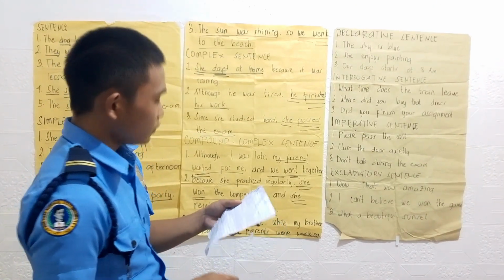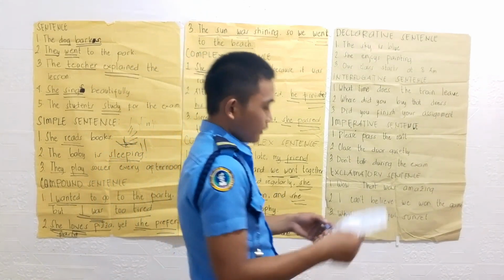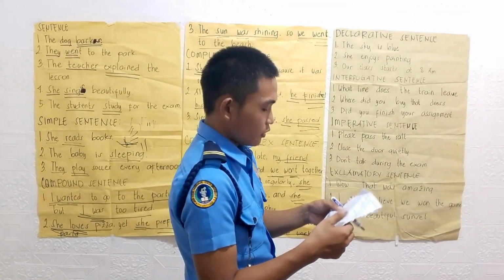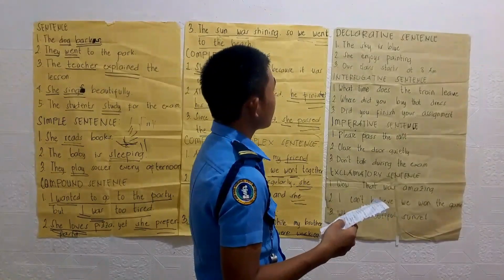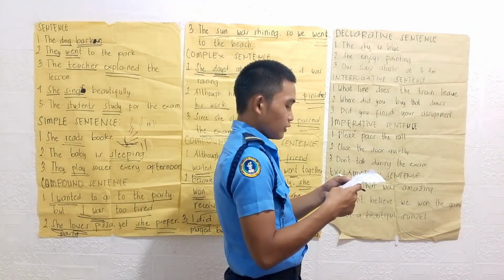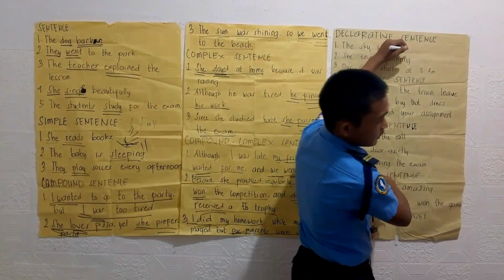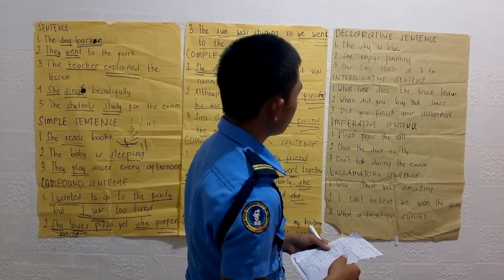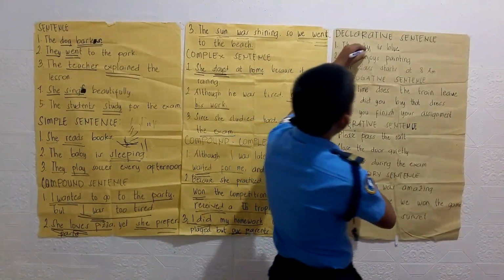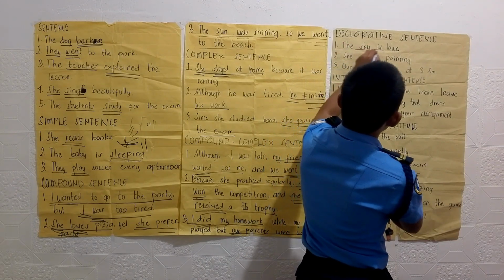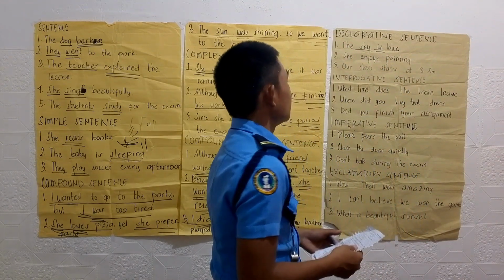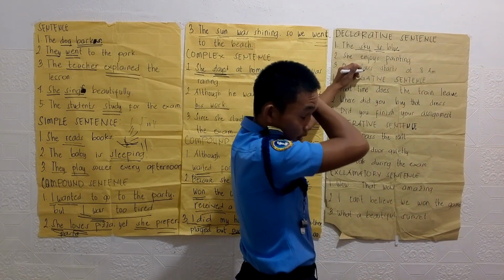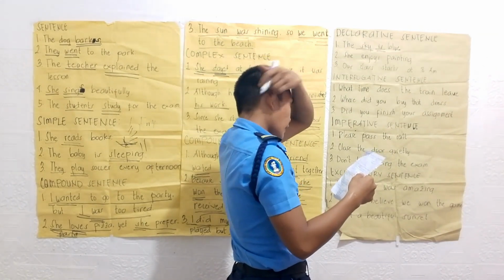Let's move on to declarative sentence. Declarative sentences state facts or opinions. So let's start. The sky is blue. So we're going to put a period, and our subject is sky, and our verb is is. Next, she enjoys painting. So again, this states a fact or opinion.